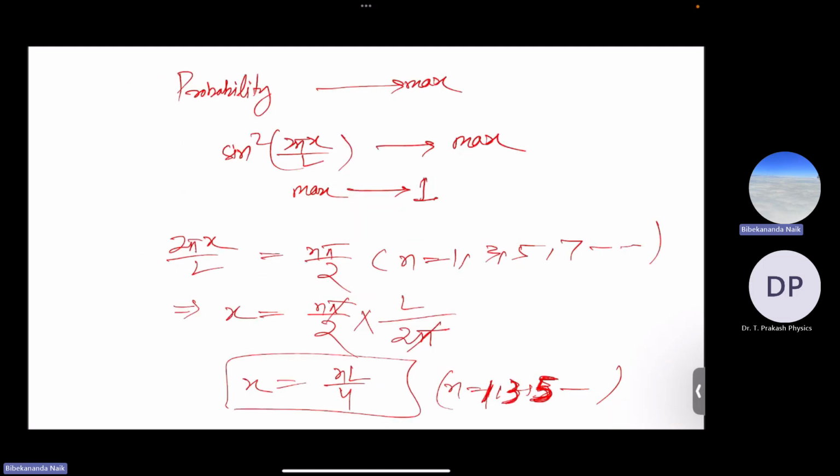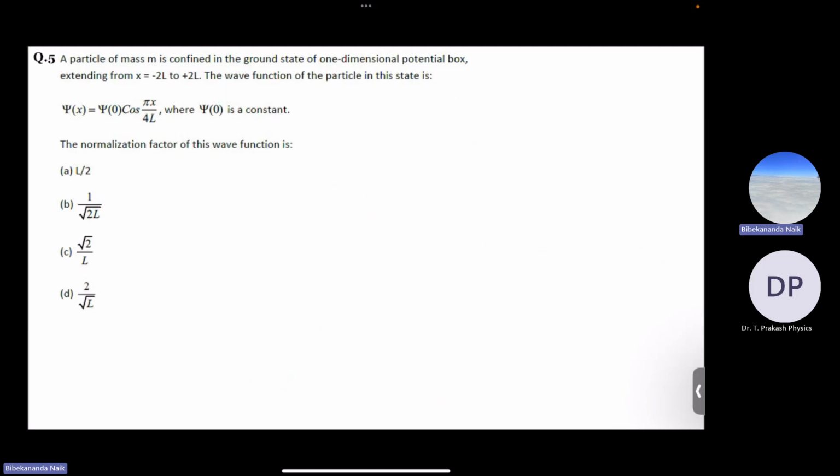Also, you can directly calculate this without all this working. How will we do that? Let me add another slide, then I will explain.